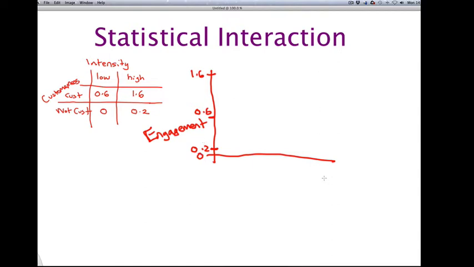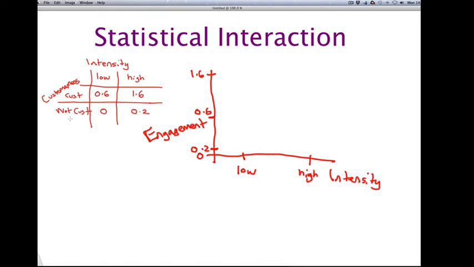And the x-axis then is one of the two independent variables, and this time the independent variable that I'm most interested in is intensity. So I'm going to plot intensity of social media use along this axis. And again, there are two levels of intensity, so we've got the low level and the high level. And we're going to plot two lines, one for each of the two states of the second independent variable, customerness.